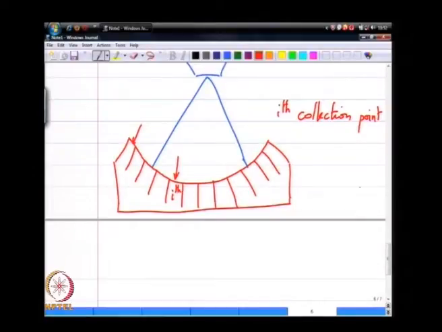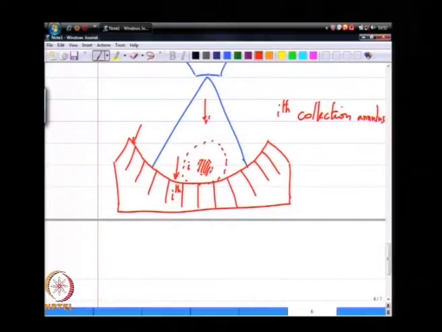If I look at the top view of this, these are all circles. So, the middle one may be a circle, this outside one will be an annulus of sorts. So, the ith collection annulus is a better way to put it. Except the one right in the middle, all other collection regions are shaped as an annulus, arranged in a circular pattern, where I could place this patternator concentric with the orifice on the spray nozzle.